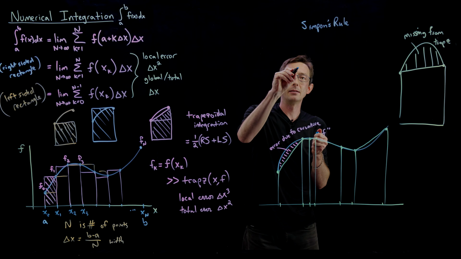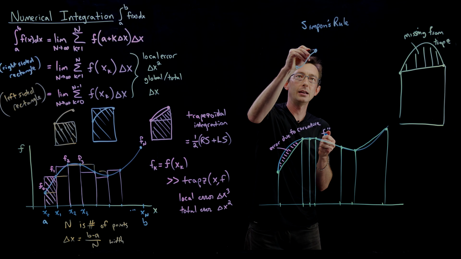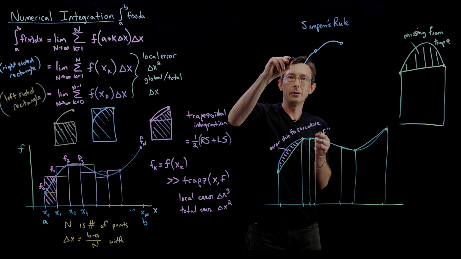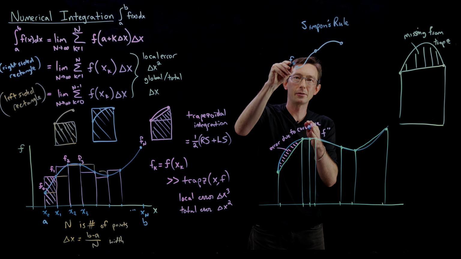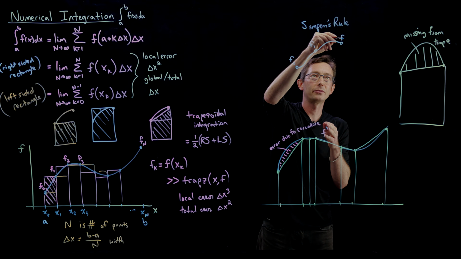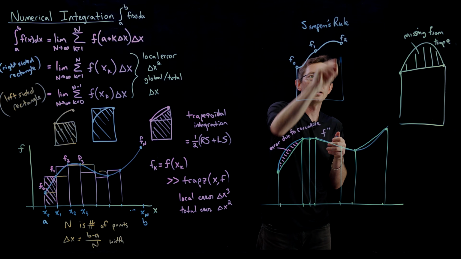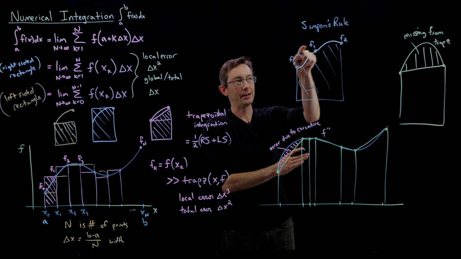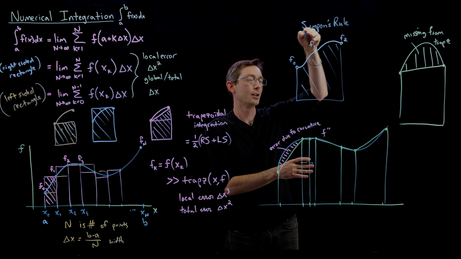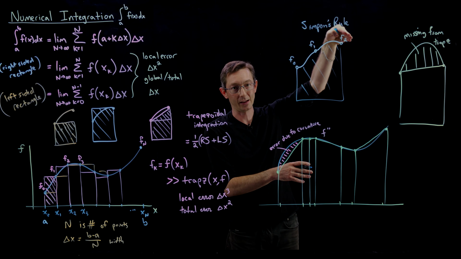So I've got 3 data points, let's say f0, f1, f2, and I want to find the area under this. Of course, you can shift this to fk plus 1, fk plus 2, or fk minus 1, fk plus 1.